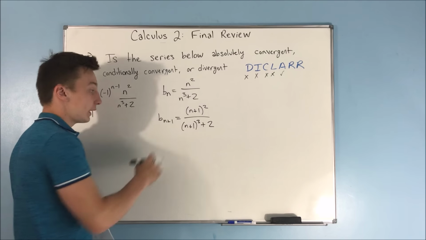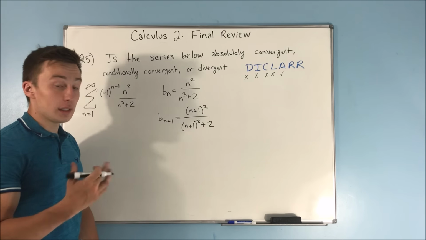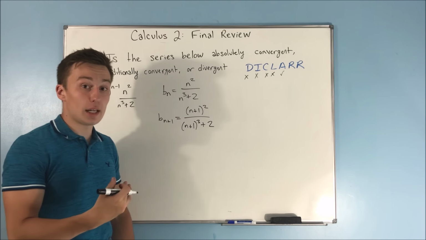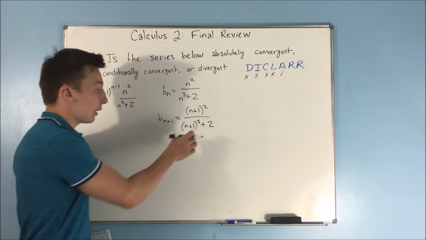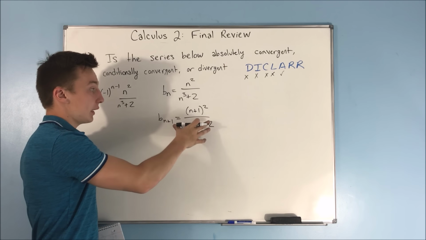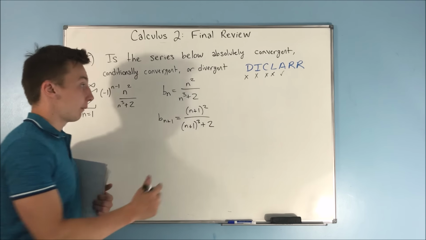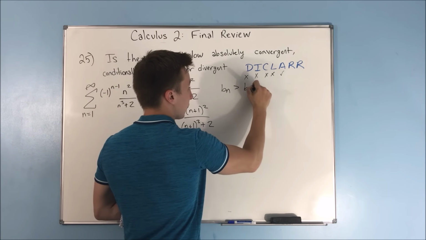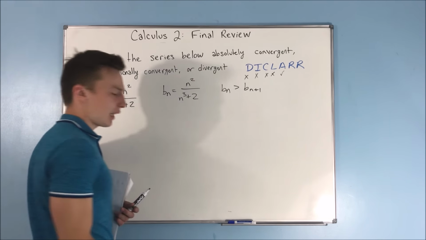So if you add 1 to n, and then you cube that, it's going to make a lot more difference here than it will here, because n plus 1 is being squared, not cubed. Okay, so there's going to be a bigger difference on the bottom, so your bottom is going to be bigger, and that means that your whole fraction will be smaller. Okay, so b sub n is greater than b sub n plus 1. Okay, so just think about that logically.